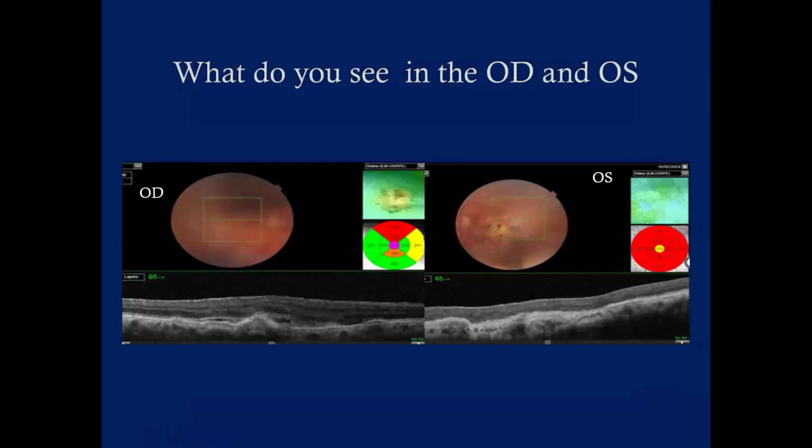What do you see? What are the different things that you see between the two eyes, between the right and the left eye? This is a fundus picture with OCT finding, and also a fundus picture with OCT finding. Which one is an active one? Which one is inactive with scar that can benefit from our intervention? Anybody who can comment on this?